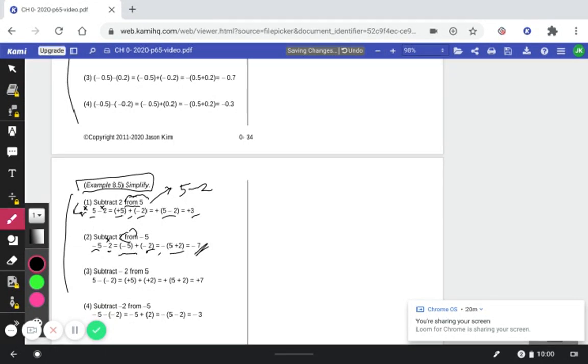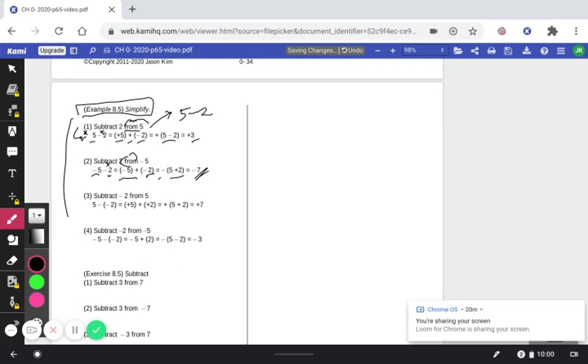Okay. Next one, how about subtract -2 from 5? So since you have a from, you write whatever is after from first. So 5 minus -2. Since 5 does not have any sign, you add +5. Okay. And then you do keep change.